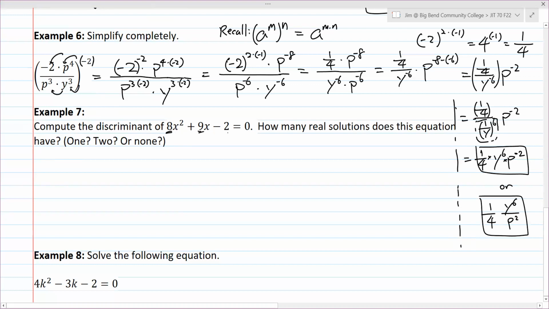First of all, it's important to decide the coefficients for that quadratic equation. The factor before the x squared term is called a. And the factor before the x term is called b. And the factor with no x, that would be c, which is negative 2.